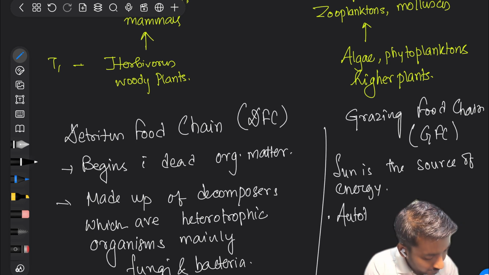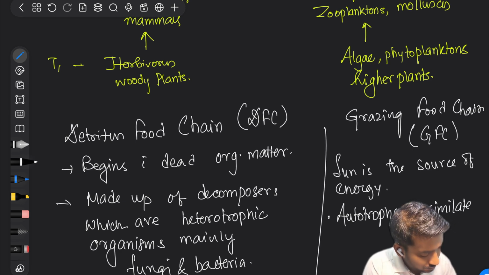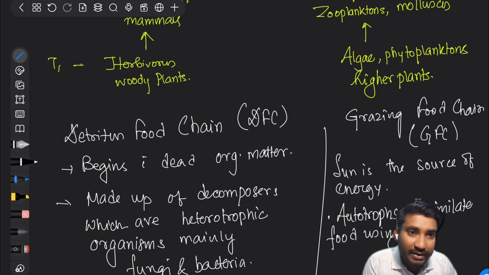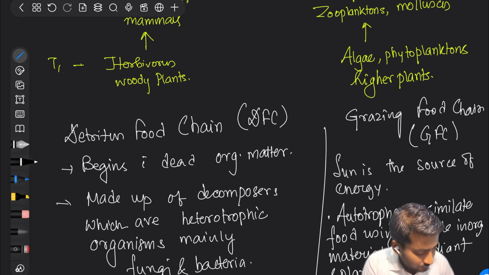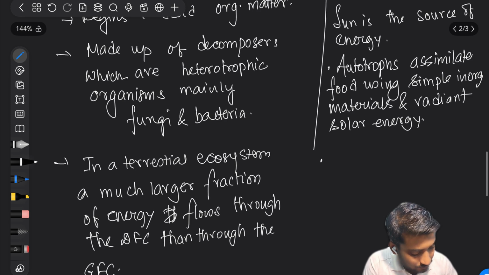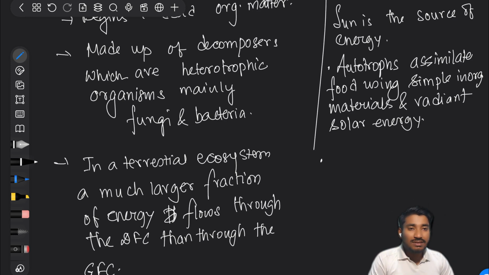Autotrophs assimilate food using simple inorganic materials and radiant solar energy. In an aquatic ecosystem, the GFC is the major conduit of the energy flow.